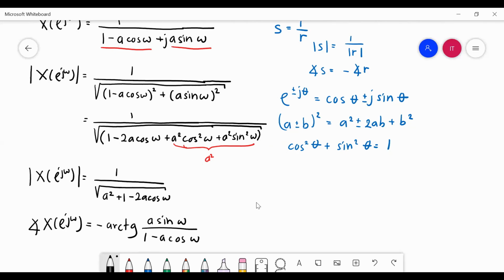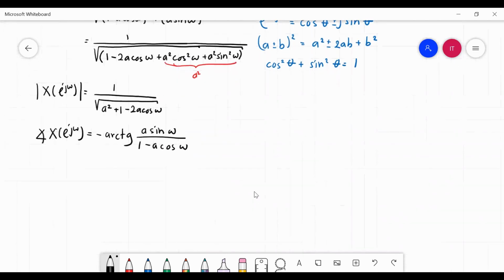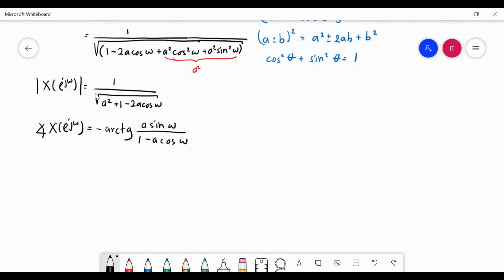In some cases, we want to know the value at a specific frequency. For example, we want to know what happens to the magnitude and angle when the frequency omega is 0. We can simply put it into the equation here.